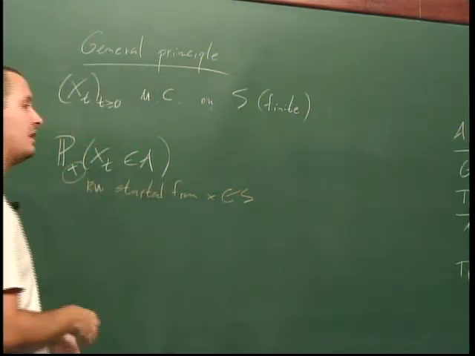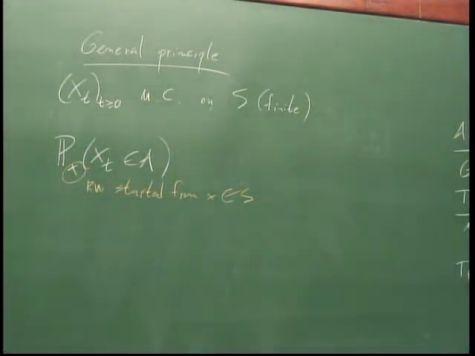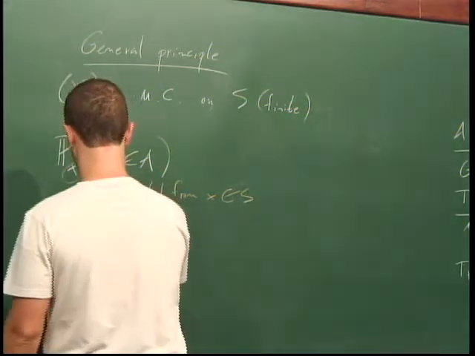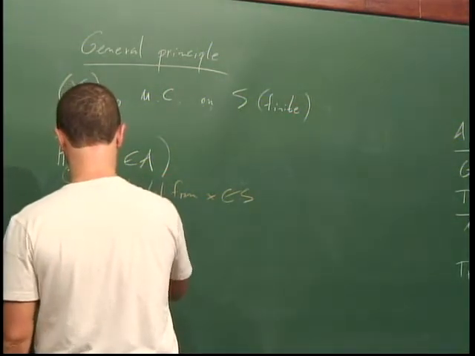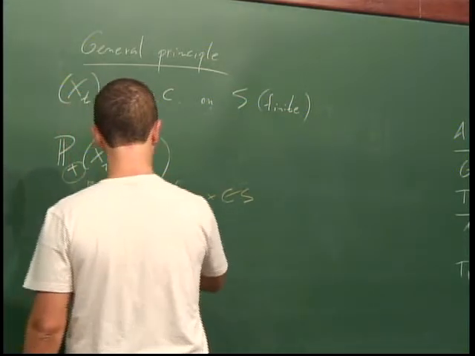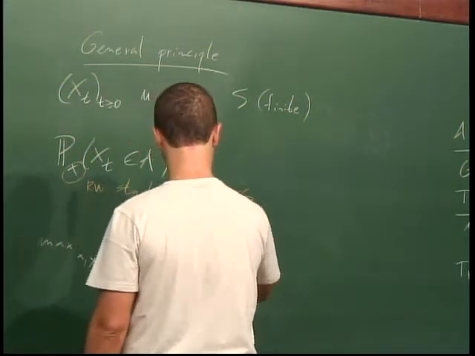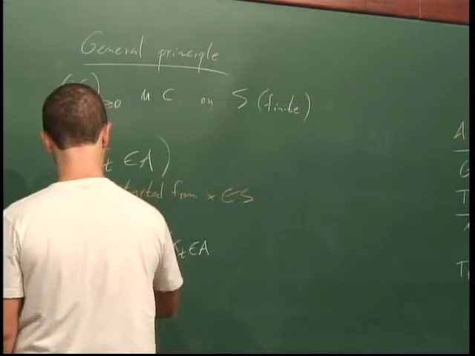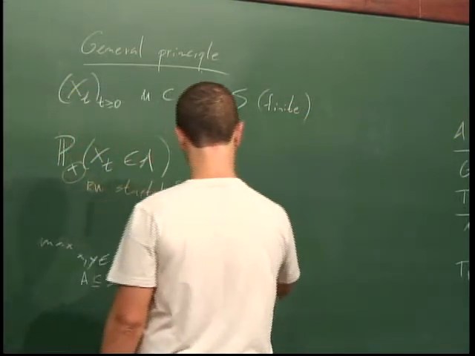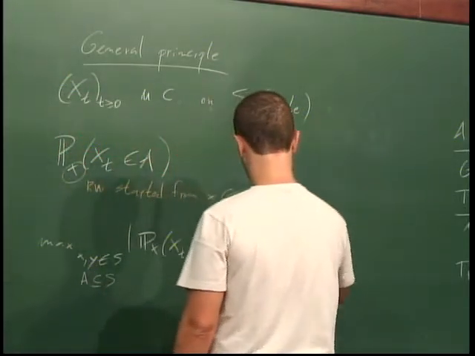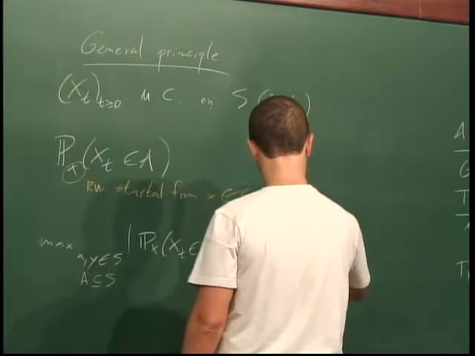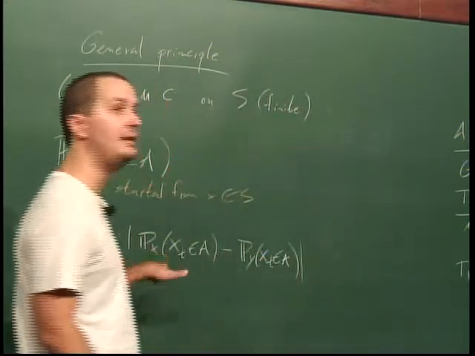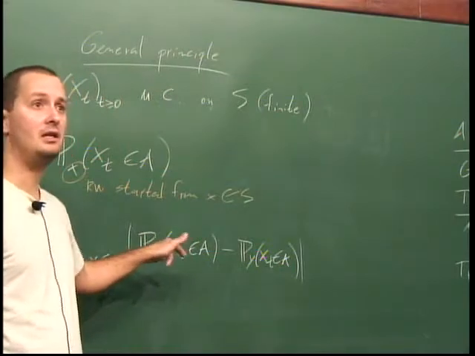As it happens, if you look at, say, this kind of continuous time random walk on a connected graph, you always have this loss of memory property. You look at any two starting points and any subset of states, and you ask: what's the probability that the random walk started from x happens to be in A at time t?